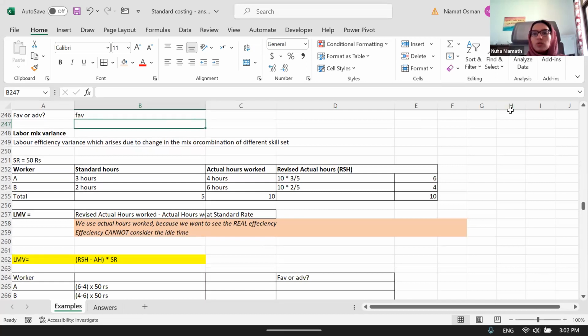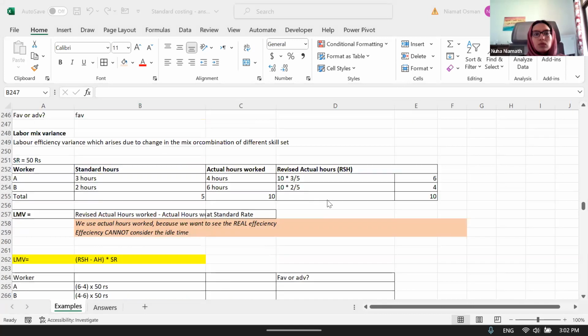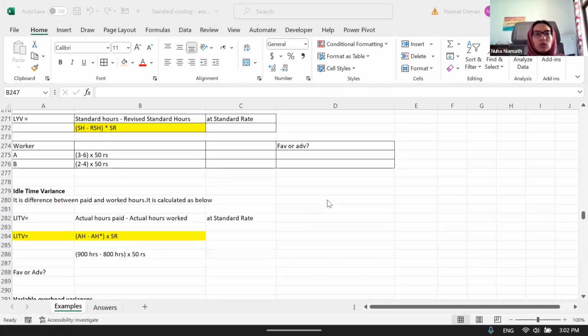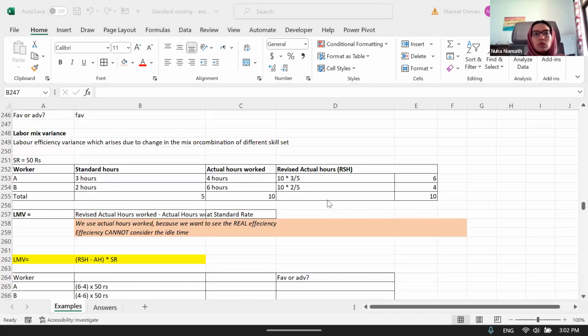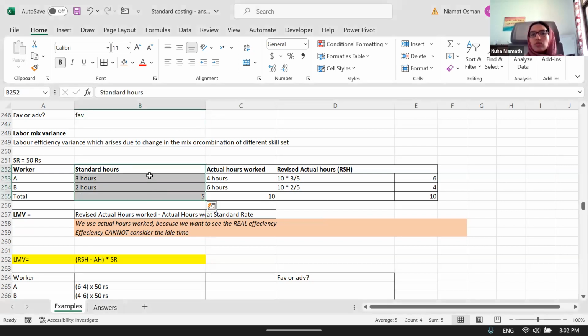Labor mix variance is similar to material mix variance. That was actual minus revised actual. So here again we have our standard hours that we should have used, 3 hours for A, 2 hours for B, total of 5.